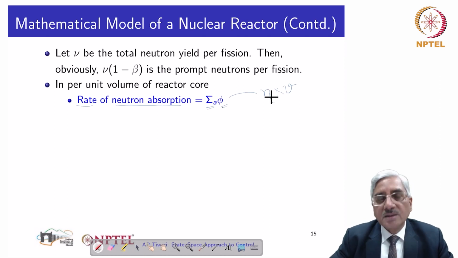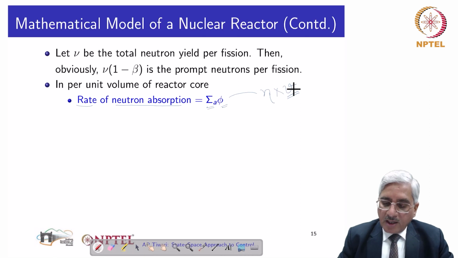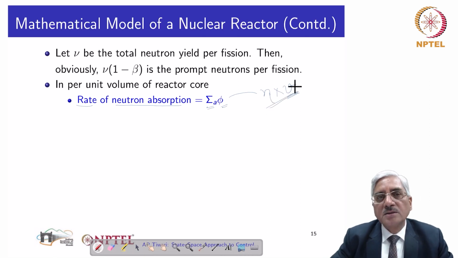It is the number of neutrons per unit volume, per centimeter cube, and v is the velocity of neutrons, and we consider that all neutrons have the same speed. So eta times v gives the number of neutrons which will actually impinge upon any target, any nuclei.